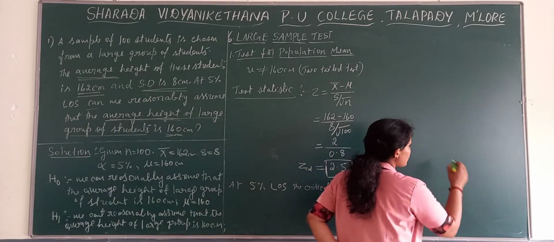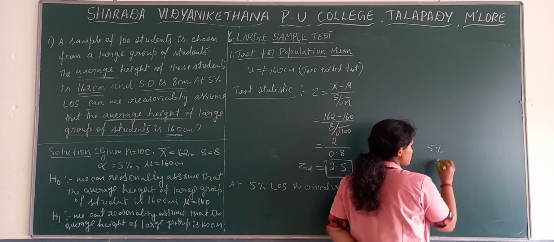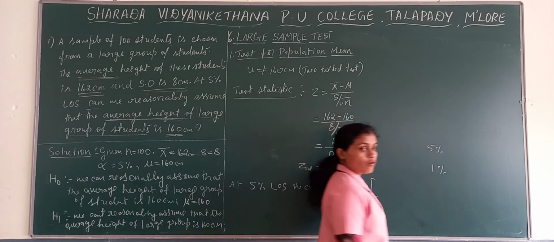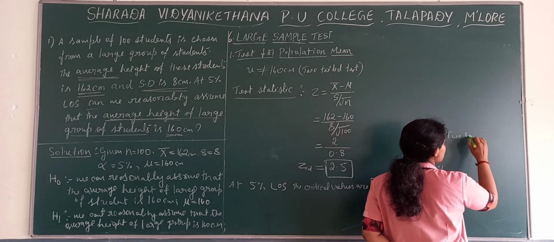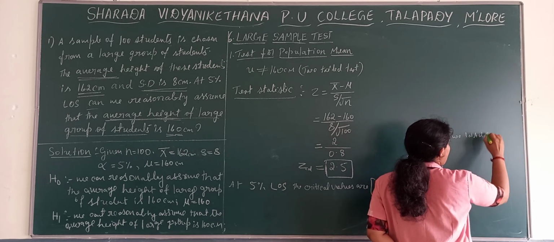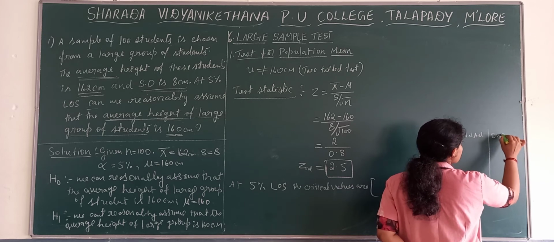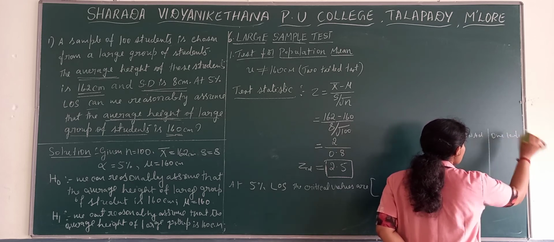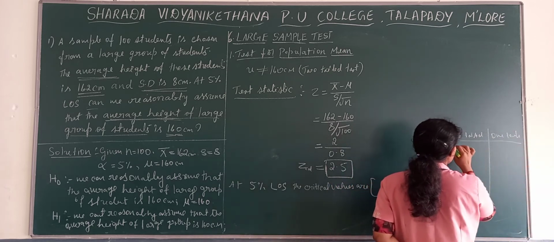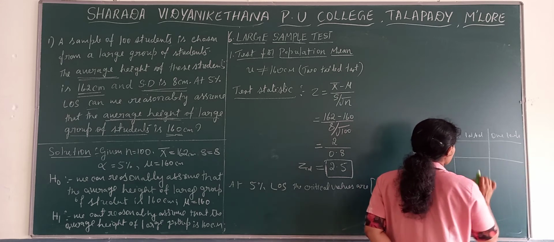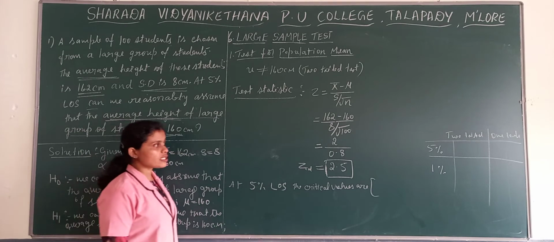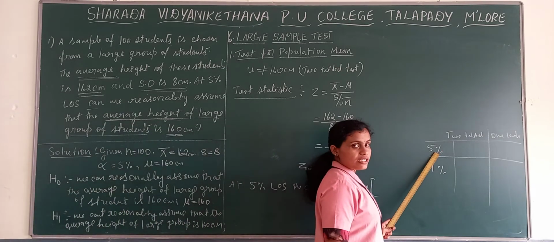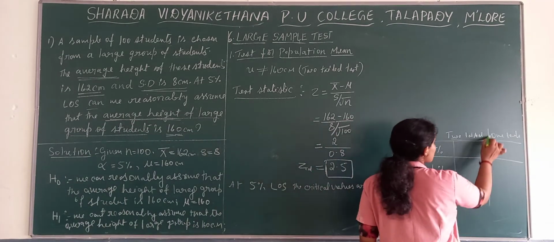There were two levels of significance, 5% and 1%, and there was a two-tail test on one side and a one-tail test on the other. Where do you need to check? You need to check the level of significance, which is 5%. It's a two-tailed test.